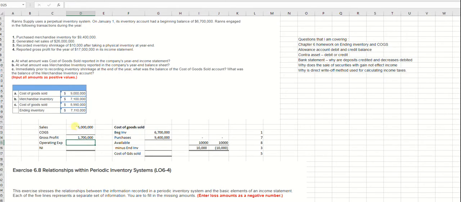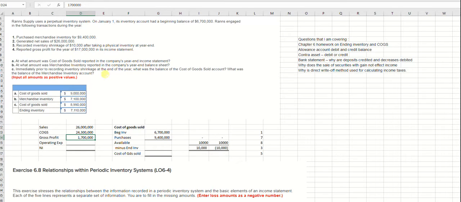Okay, well, I know sales minus cost of goods sold is gross profit, so I can back into my cost of goods sold. And so I know that 26 million minus some number equals 1.7 million.